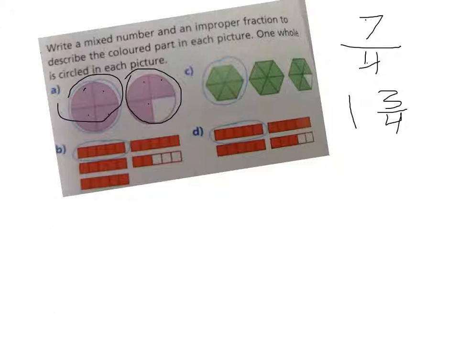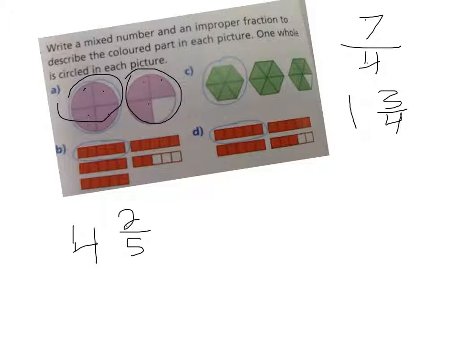So for B, hopefully what you wrote down is the mixed number version. There are 1, 2, 3, 4 whole shapes there. And then the last shape, there are 2 pieces out of 5 pieces. Each shape is split up into 5s.